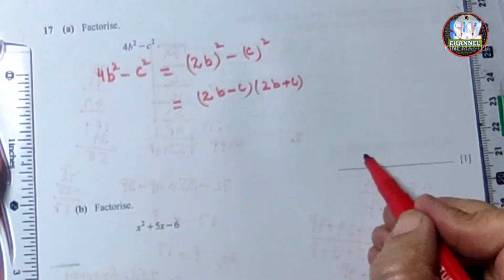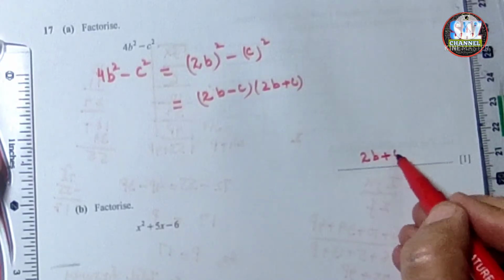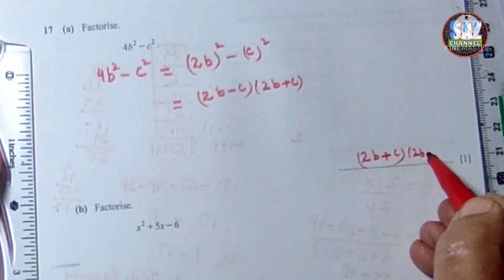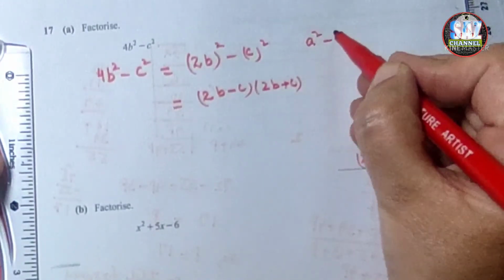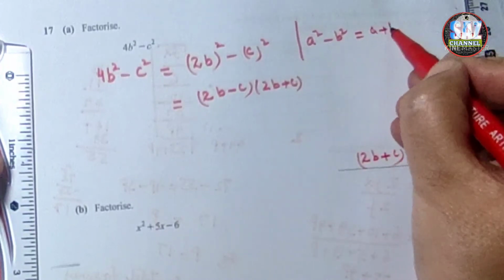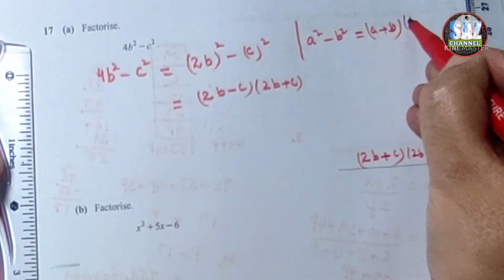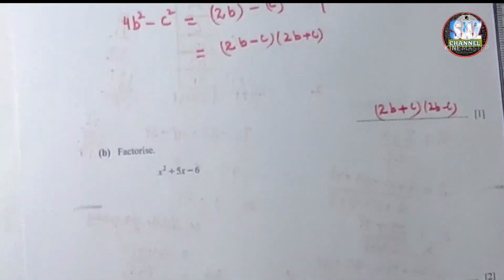I have to fill up the answer space as well. Here the identity used is a square minus b square equals a plus b into a minus b.